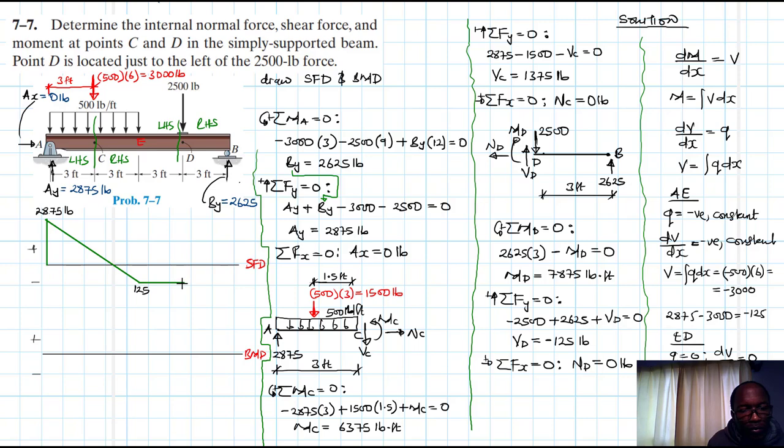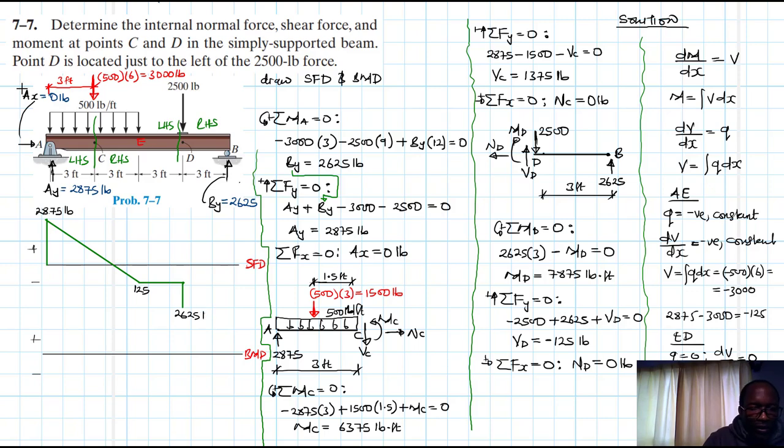From minus 125 we go down to somewhere there. So that value is minus 2625 pounds.